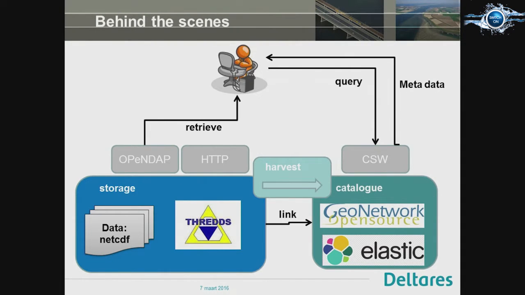The metadata returned by the ForecastBroker contain direct links to the THREDDS server, allowing the user to download the available data. I will demonstrate this now using a use case.